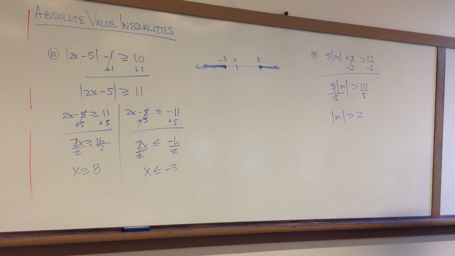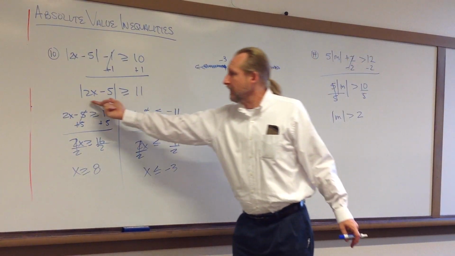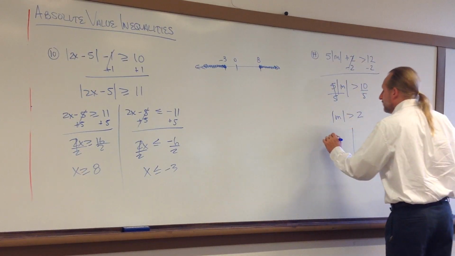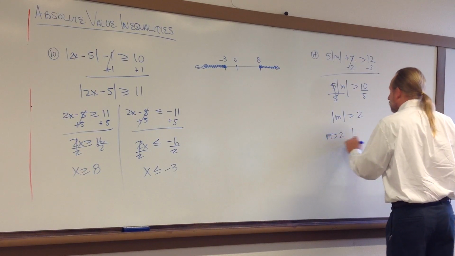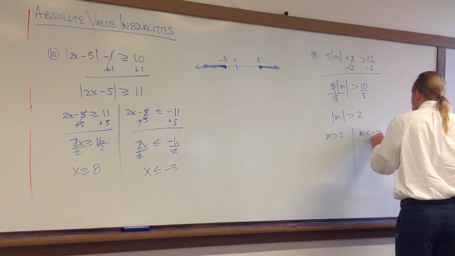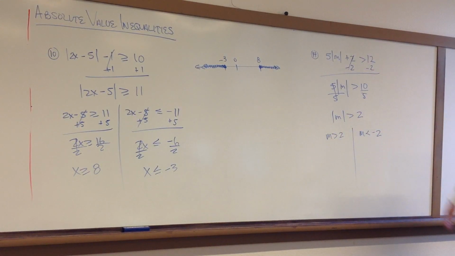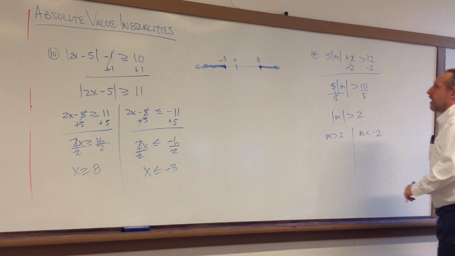Okay, so there we go. And now, again, this is the point. Now that the absolute value is by itself, we want to split it into 2 pieces. And there's not going to be a whole lot of work in this one, right? We're just going to have m greater than 2 and then m less than negative 2.